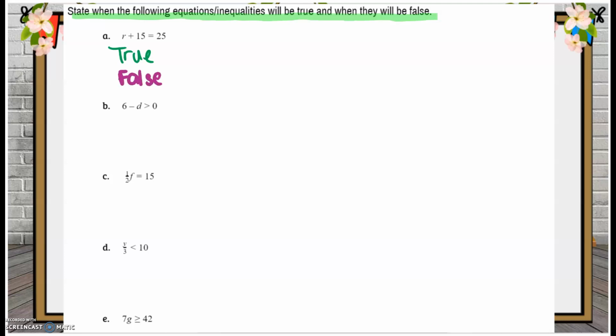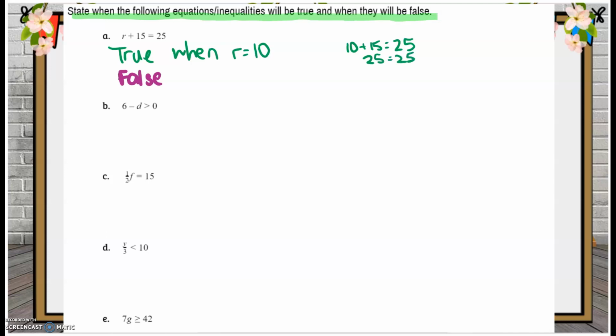So for this first one, r plus 15 equals 25. This would be true when r is 10. I know that 10 plus 15 is 25. That is true because 25 is equal to 25.